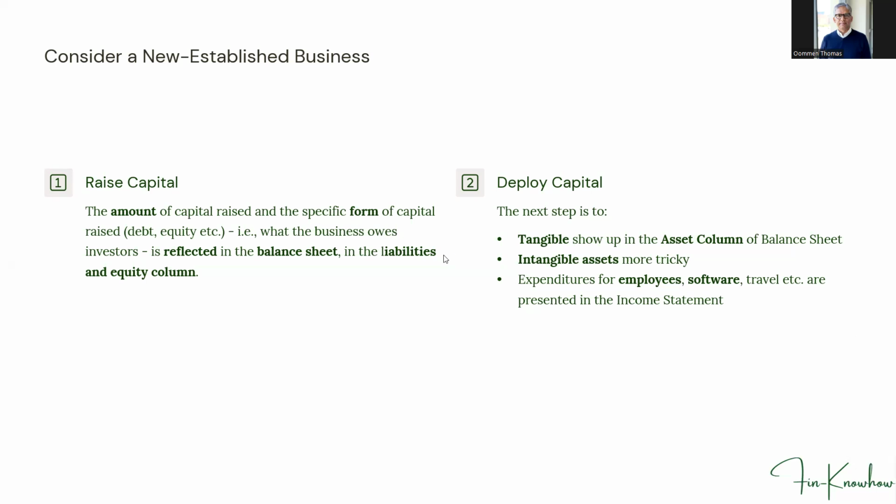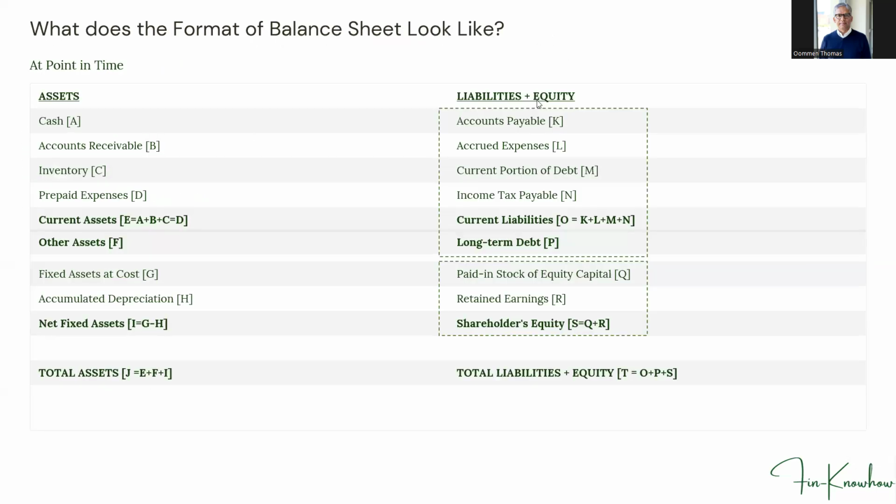So the two forms of capital that we have discussed in the past are debt and equity. If the capital is raised in the form of debt, that will show up on the balance sheet in the liability side of the balance sheet. So if I can go back to that screen, it's going to show up. If it's short-term debt, it'll show up here.